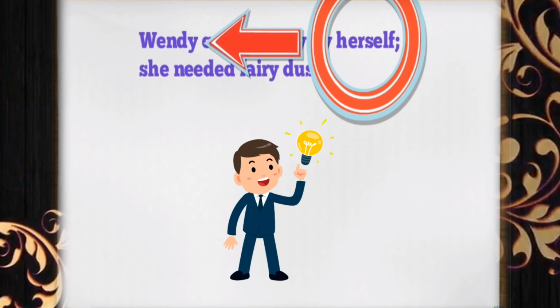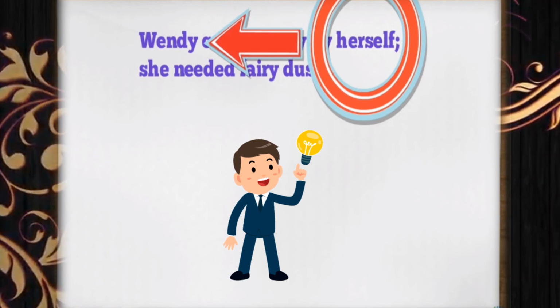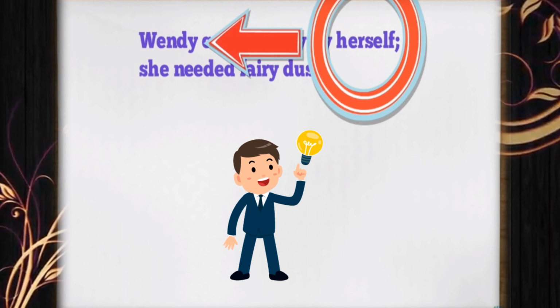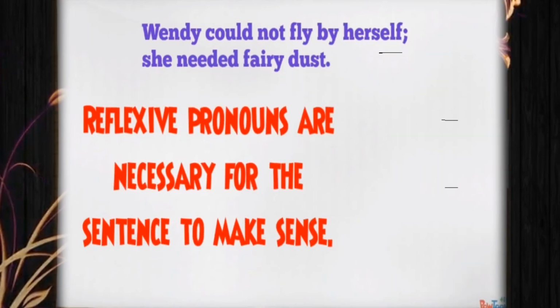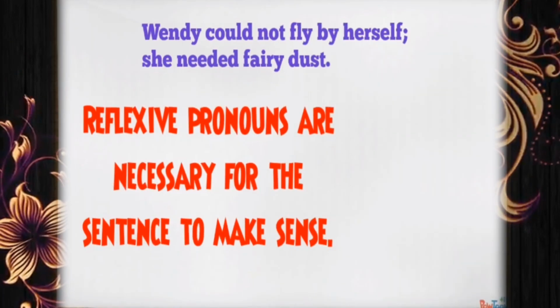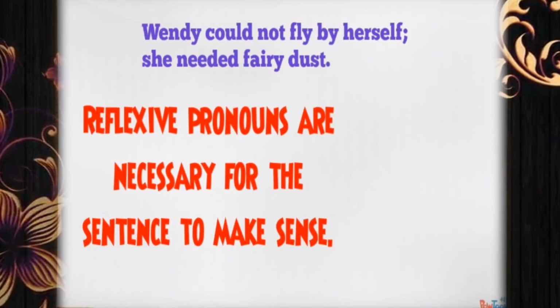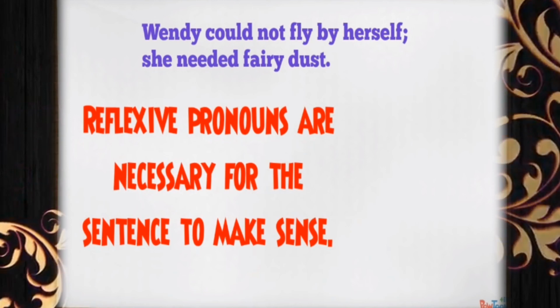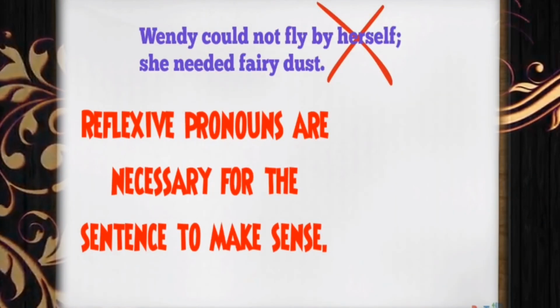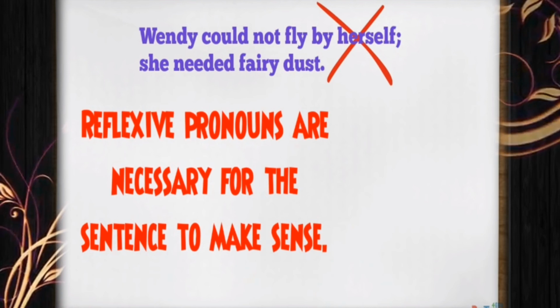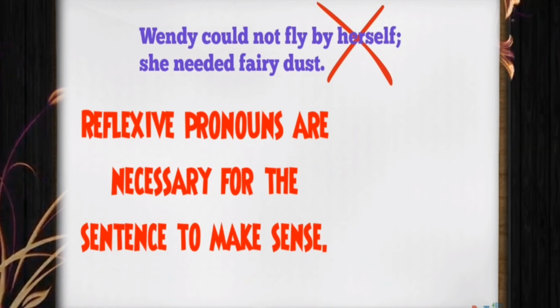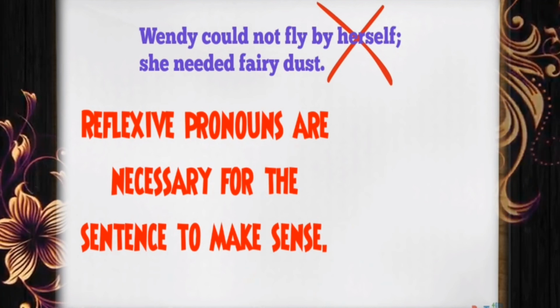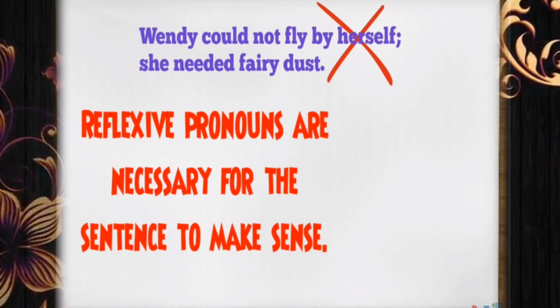There's another shortcut to tell if this is a reflexive pronoun. Reflexive pronouns are necessary for the sentence to make sense. So, if we remove the reflexive pronoun, the sentence will not make sense or won't carry the same meaning.